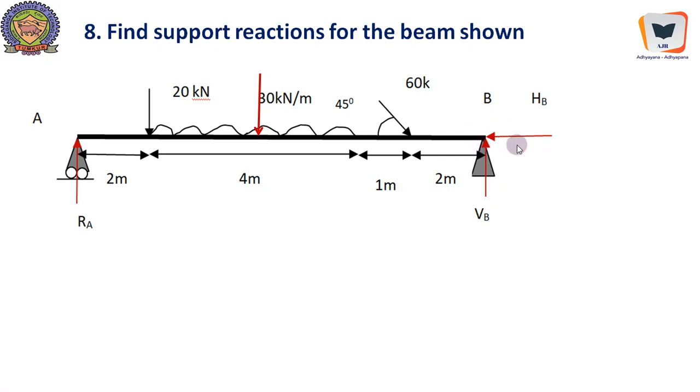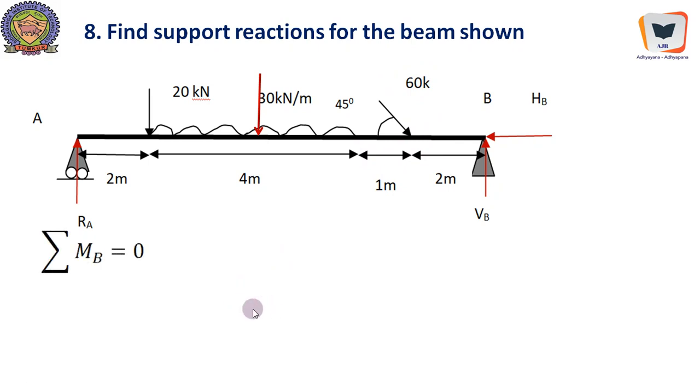Here again we can assume this to be positive, and the system will adjust. During that process, this reaction may become negative. Then it is very easy to reverse the direction. Here by intuition we have placed this reaction leftwards, because the active horizontal component of 60 kN is rightwards.